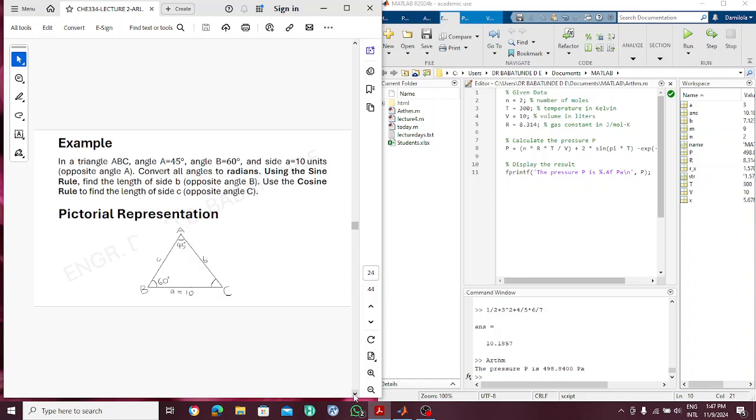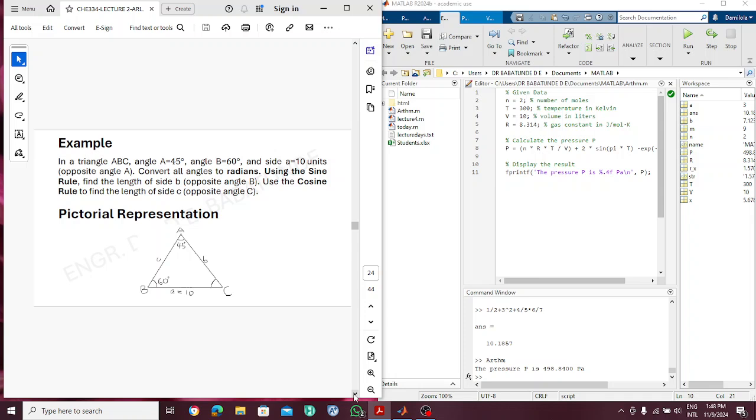Okay, like I said in my introductory class, when you have an engineering problem to solve, the first thing is to understand the problem. And one of the things that will aid your understanding of what is actually happening is to have a pictorial representation of what is happening. In the pictorial representation, you put the given values or the variables at the appropriate places. Then you figure out what's not known.